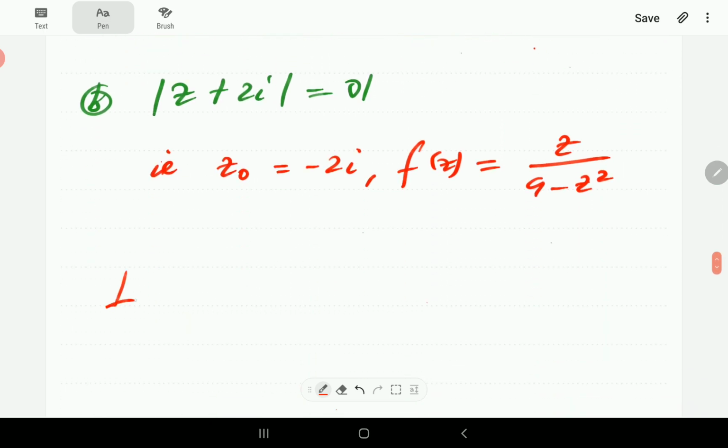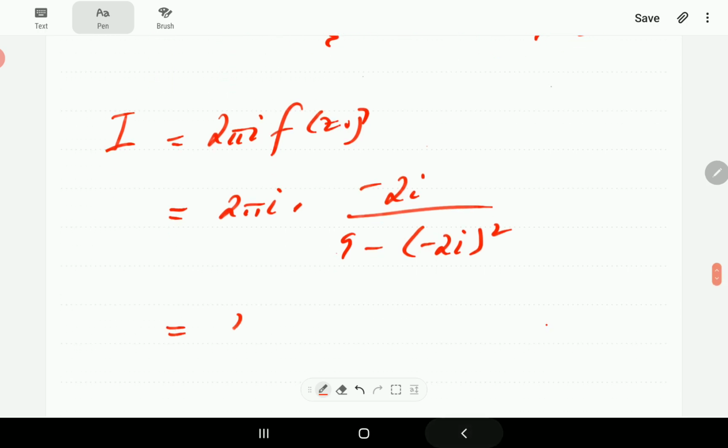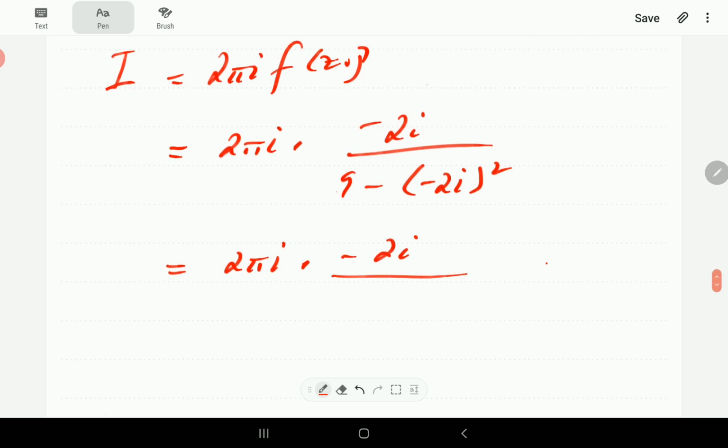So the integral is going to be 2 pi i f of z naught. We're going to plug in this there. So this is going to be 2 pi i. If I plug in negative 2i there, the numerator is going to be negative 2i, the denominator is going to be 9 minus negative 2i squared. This is going to be 9 minus, I think this is going to be negative 4.